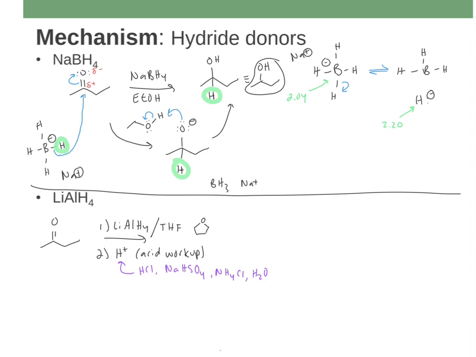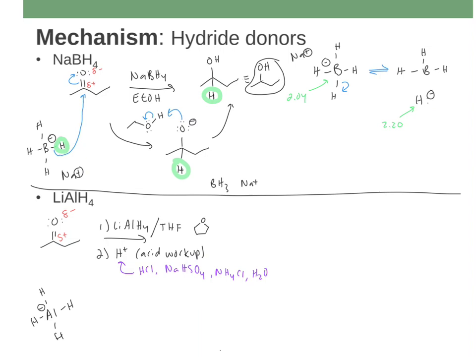So the mechanism, same deal. I've got my aluminum. I've got my hydrogens. And that's negative. And we're going to have the same thing. That carbonyl is negative, that carbon is positive. The oxygen's negative, the carbon is positive.